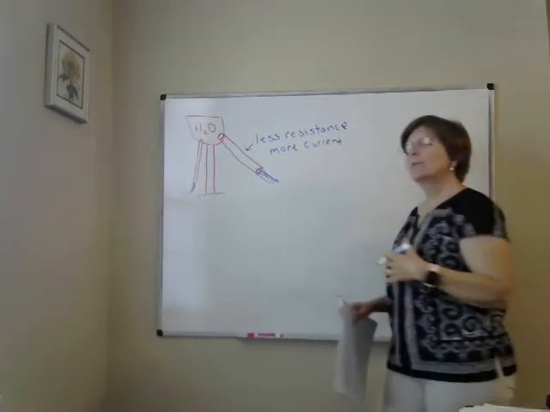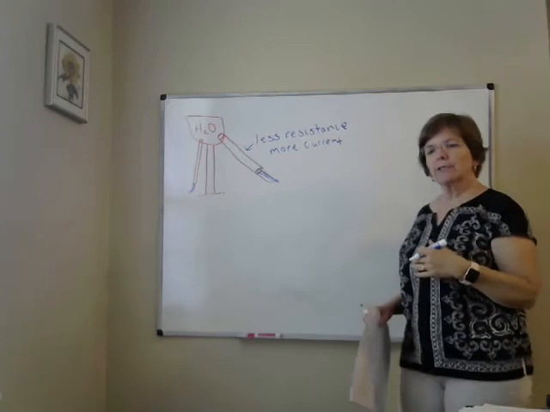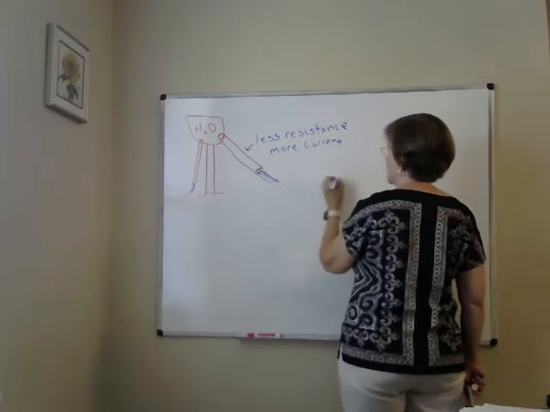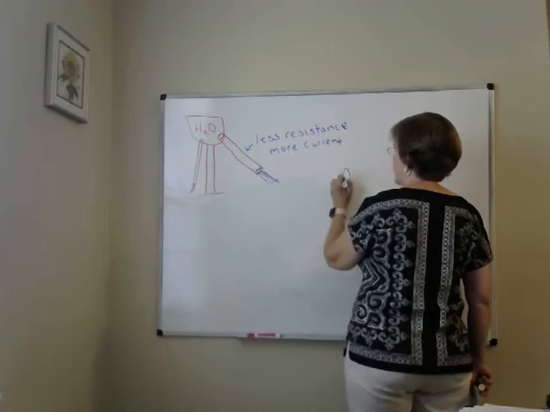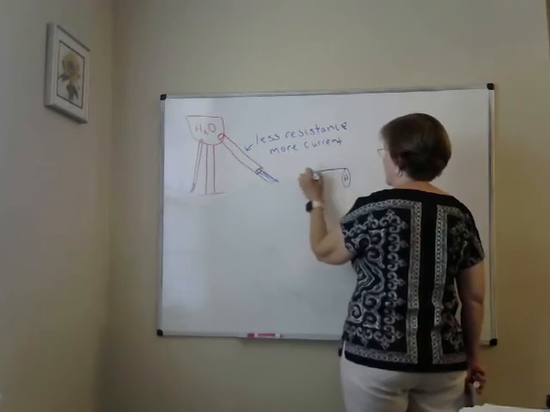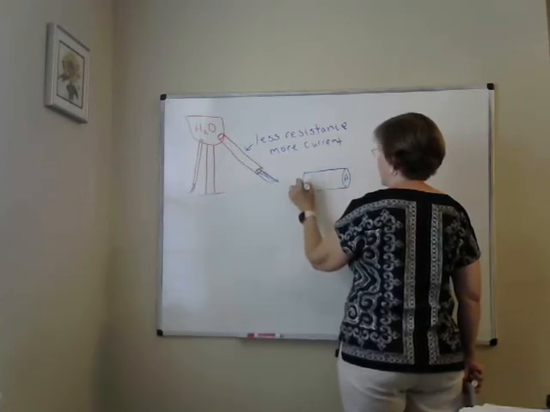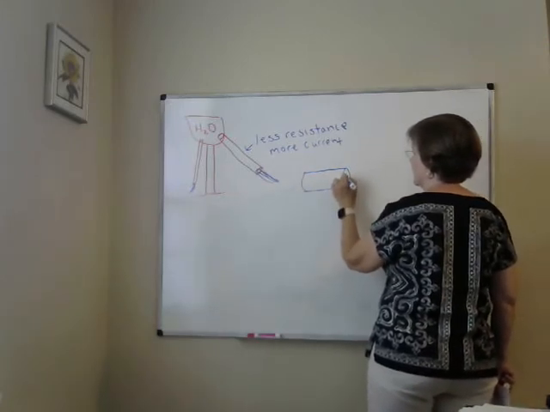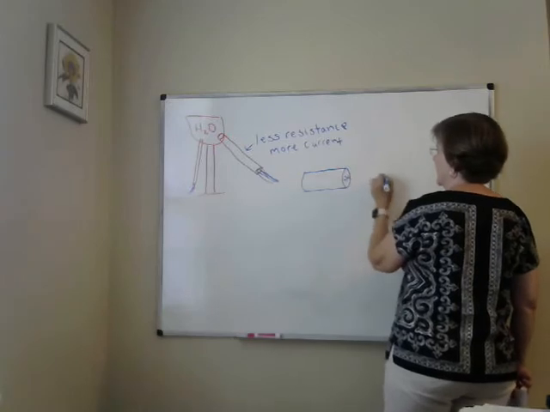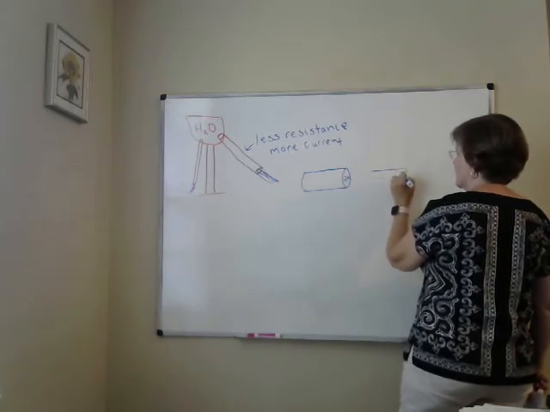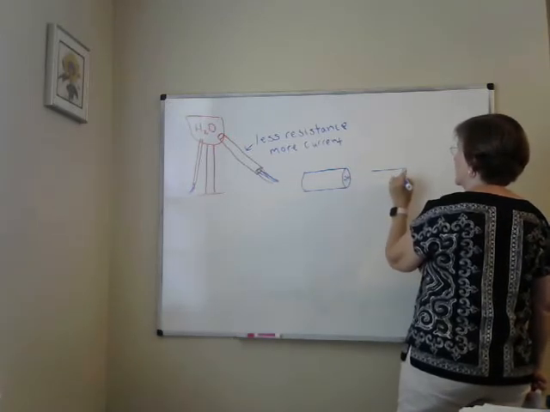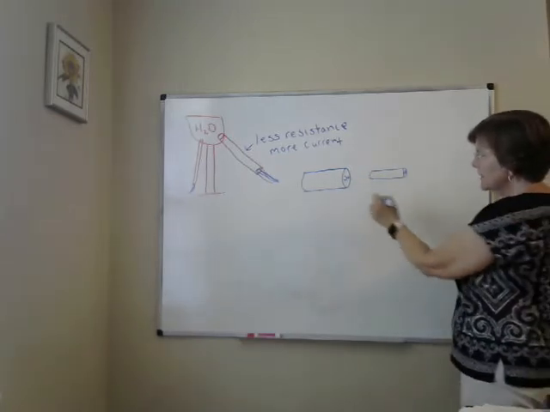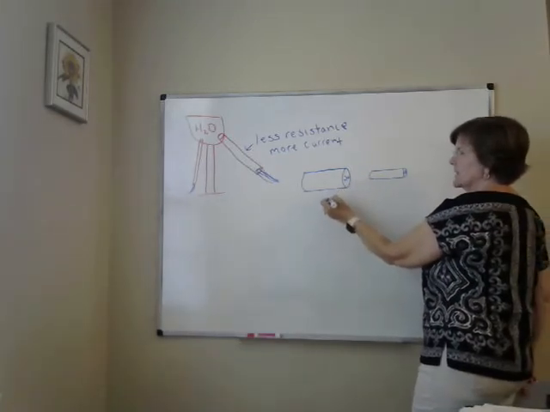Same thing's true for wires. Generally speaking, if you have two wires, and one of them has a cross-sectional area of 2A, and the other one has a cross-sectional area that's only equal to A, the bigger one has less resistance.